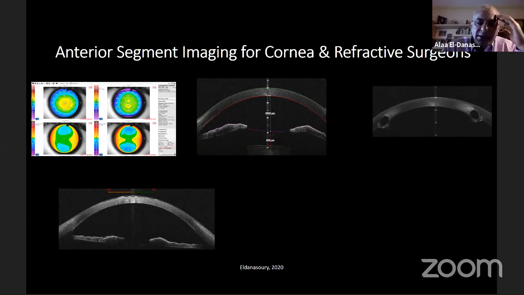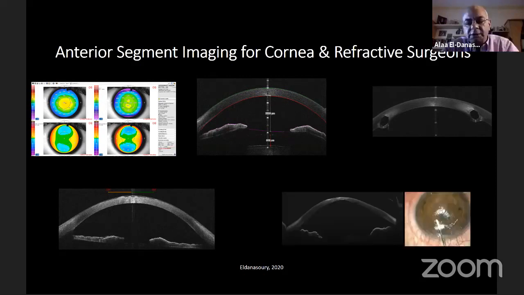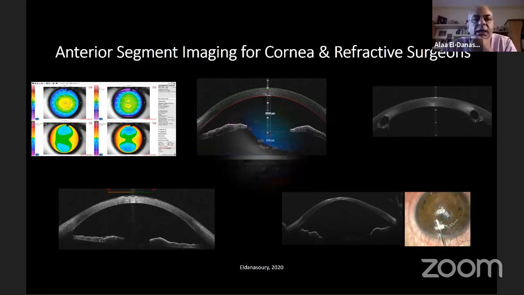Lastly, having an anterior segment OCT is very helpful to take the right decision for deep lamellar keratoplasty or any other technique. And that's what we're going to go through in the next few minutes. Now, let's start with laser vision correction.